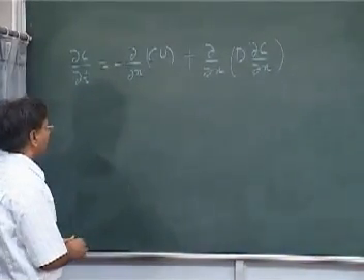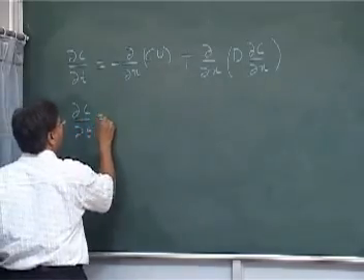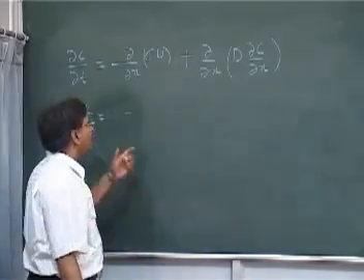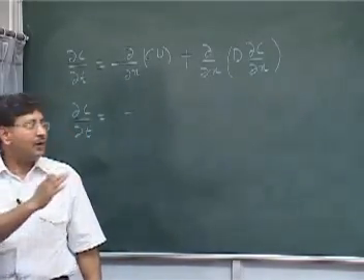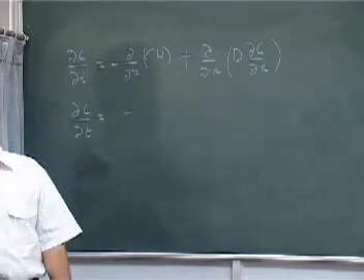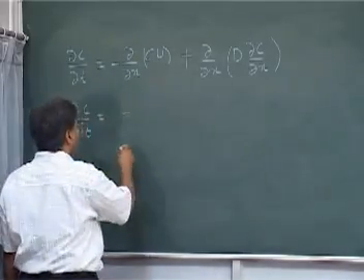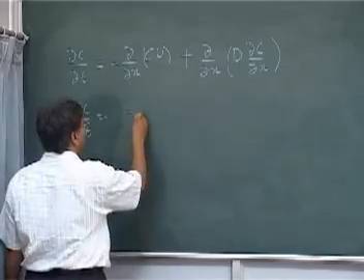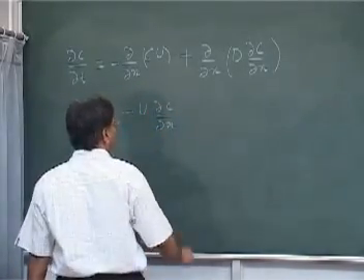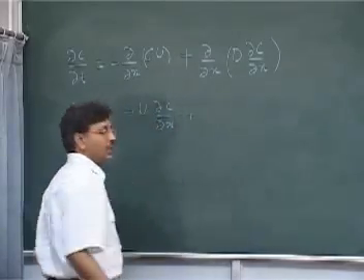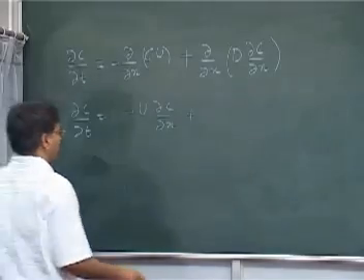Suppose I say u is not a function of x. It means if I am traveling along the direction x, the wind speed does not change in my case. That is the assumption I am making. So u is out, del C by del x, and I am also saying the diffusion constant is not a function of position, so this also can be taken out.